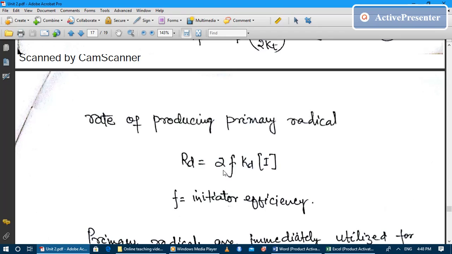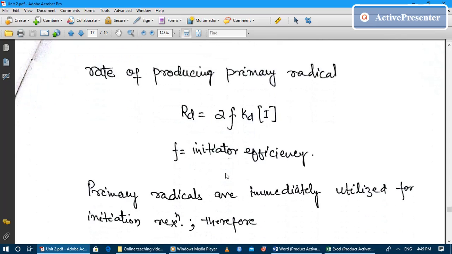The factor 2 is used here because the initiator free radicals are formed by the initiator in pair. And f is the efficiency factor. That means that not all the initiator molecules are going to form free radicals. If the value of f is 0.9, it means that 90% of initiator molecules will form free radical R.